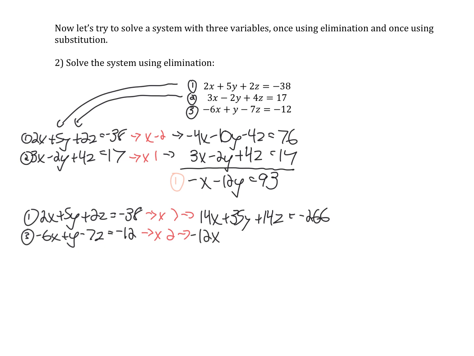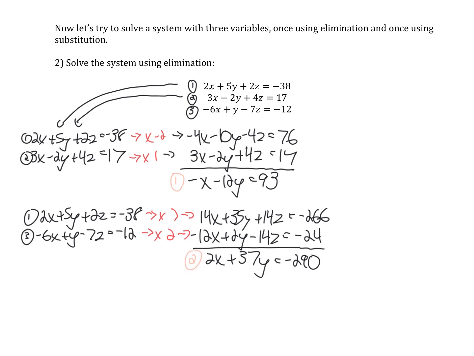I get negative 12x plus 2y minus 14z equals negative 24. And if I add these two together, I get 2x plus 37y equals negative 290. And that's my second new equation.